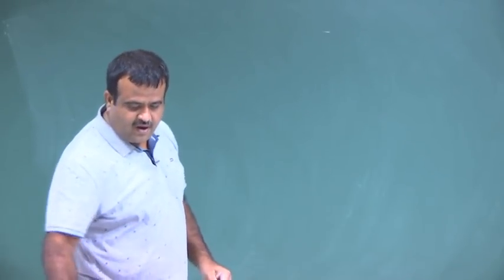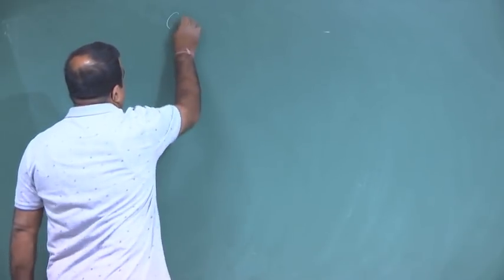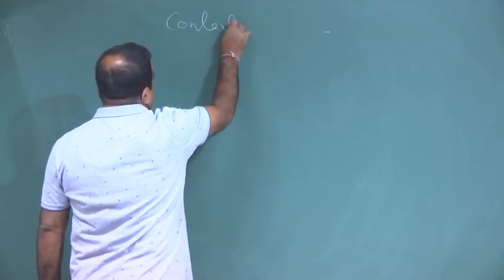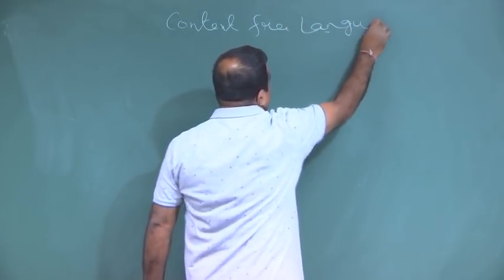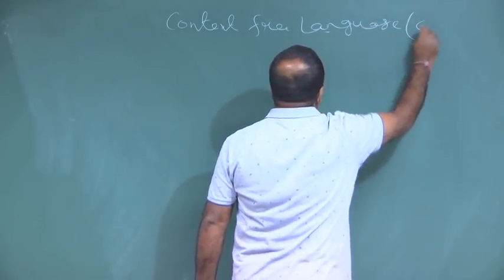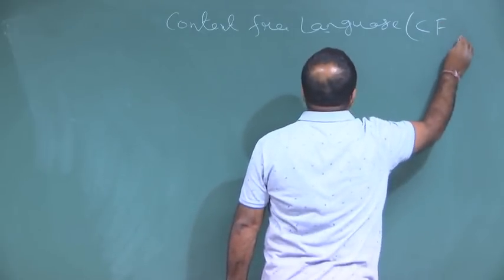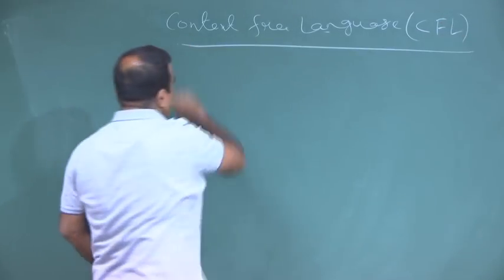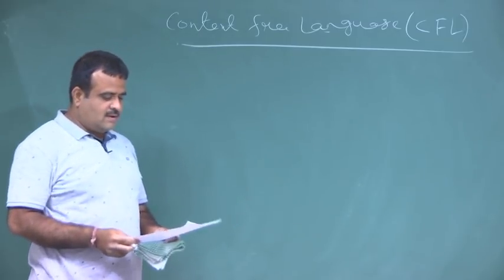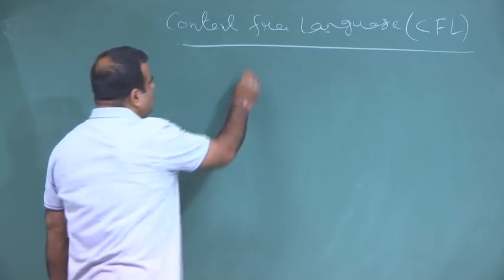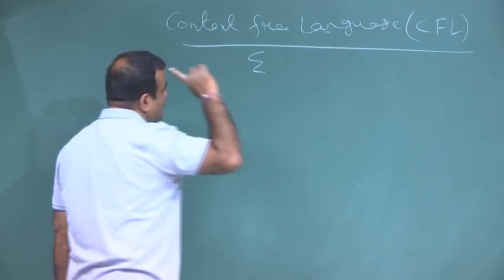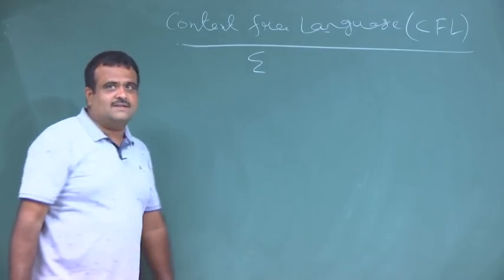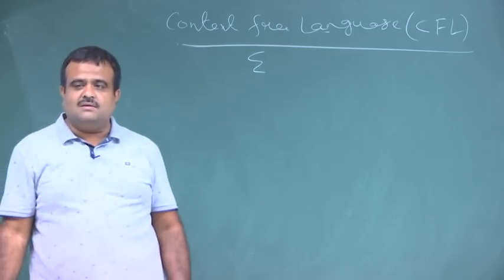Okay. So, anyway, let me define the context free languages, CFL. We are given an input alphabet, a finite set of alphabets, sigma.